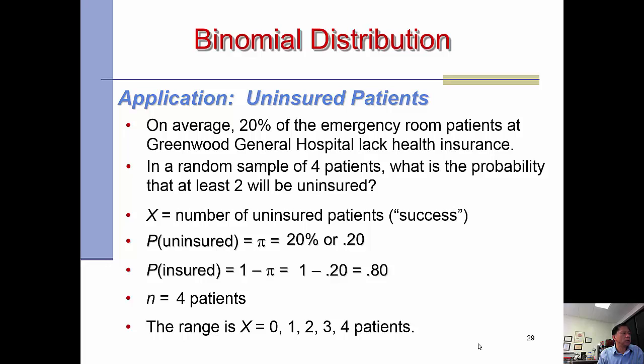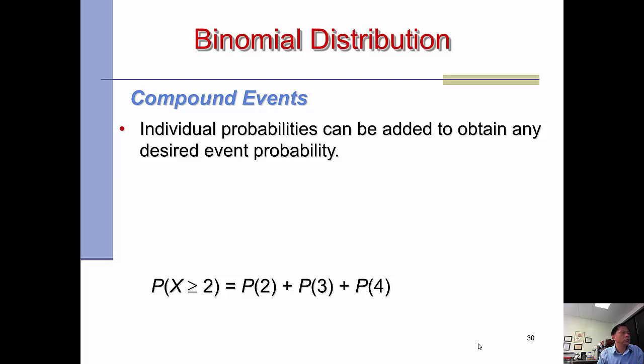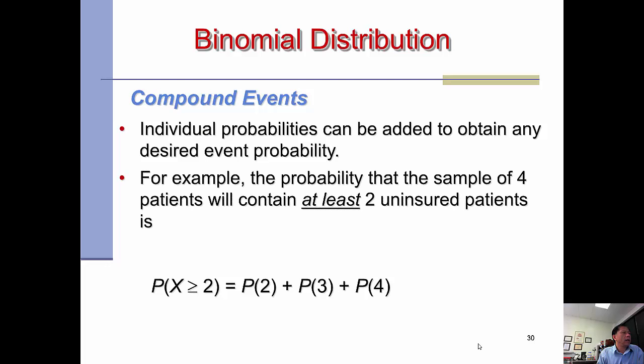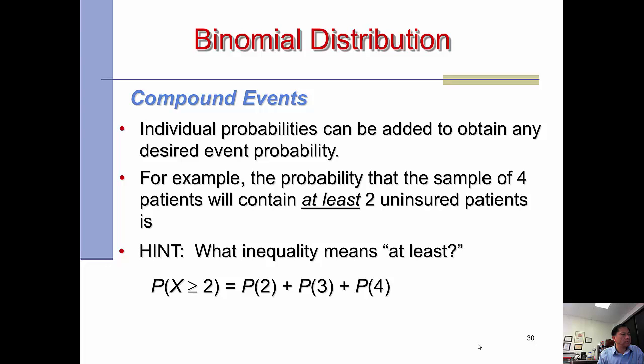Now, what is the probability that at least 2 will be uninsured? Individual probabilities can be added to obtain any desired event probability. For example, the probability that the sample of 4 patients will contain at least 2 uninsured patients is what? Let me ask you a question here. What inequality means at least?